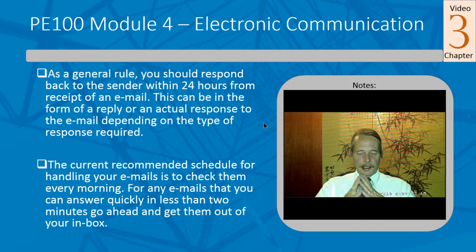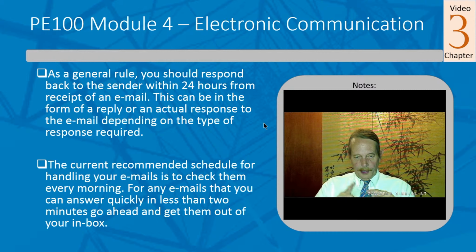Now the second thing is once you walk in the morning and you open up your emails, the recommended schedule that we'd like for you to try, because it really works well for a lot of people, is the 2-minute rule.